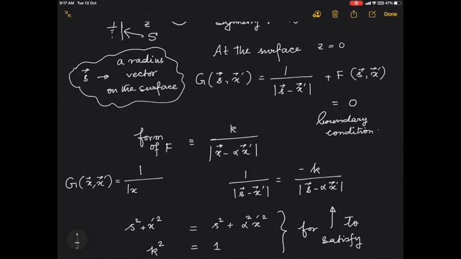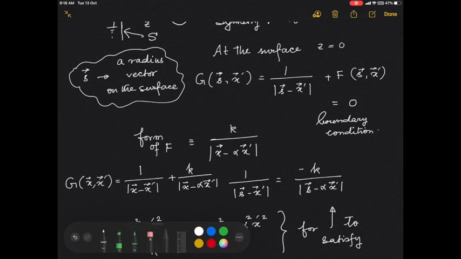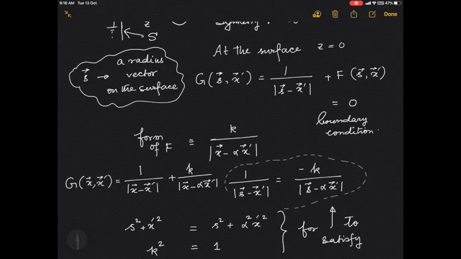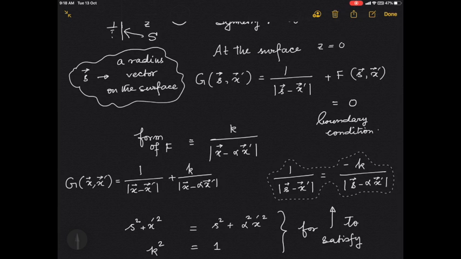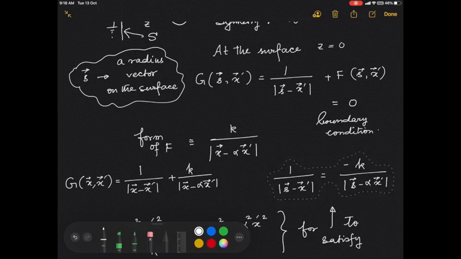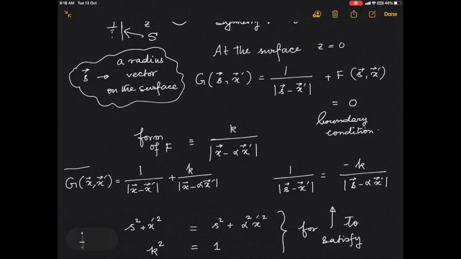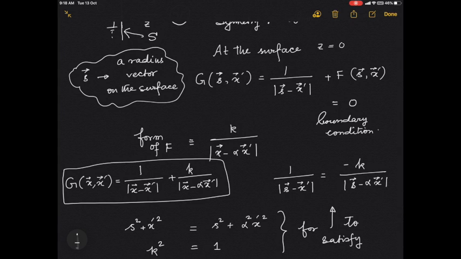So this is G of x prime, which, if you remember, was 1 by mod of x minus x prime plus k by mod of x minus alpha x prime. Right, so this was G.